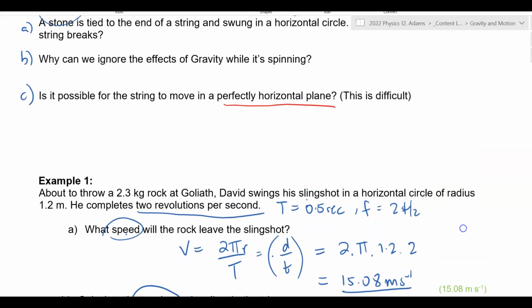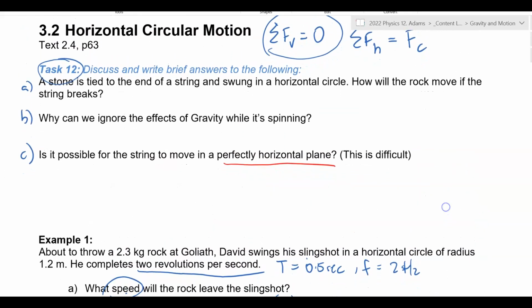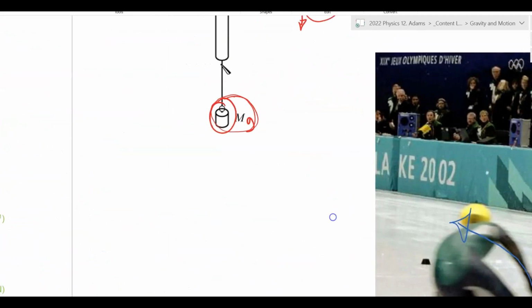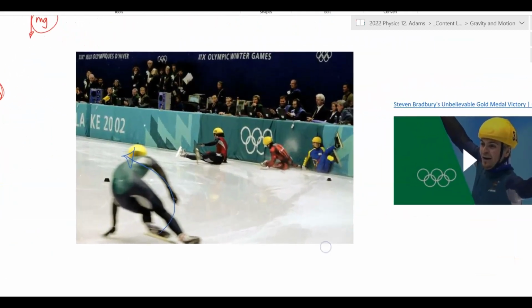Okay. Rewind a slight bit. I just want to go back to part A here, and I meant to have a little go off on a slight tangent, if you pardon the pun. Obviously, if the string breaks, it'll go off in a tangent, and we've got to mention that famous piece of sporting history from just over 20 years ago now, Salt Lake City, as you can see, 2002.